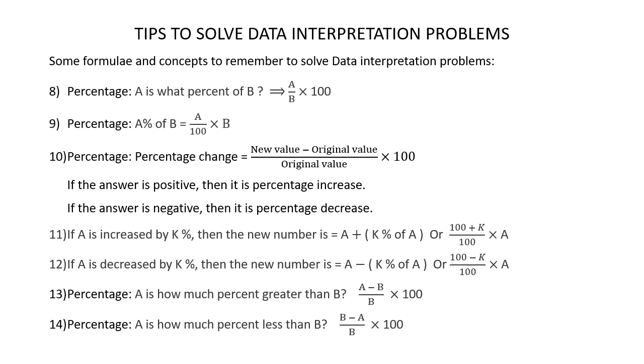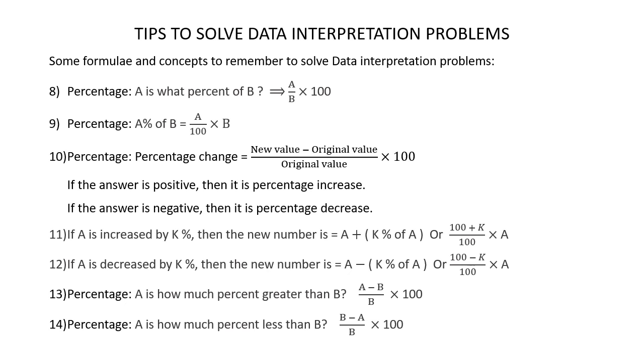If you are asked to find A is how much percent greater than B, then find the difference between A and B and divide that with B and then multiply by 100. Now remember that the value given after the word than should be in the denominator.